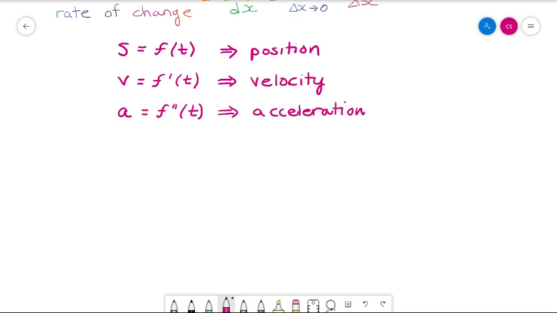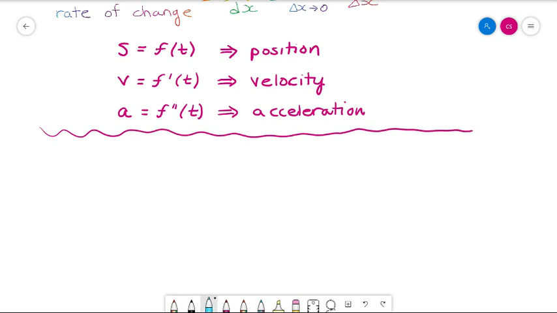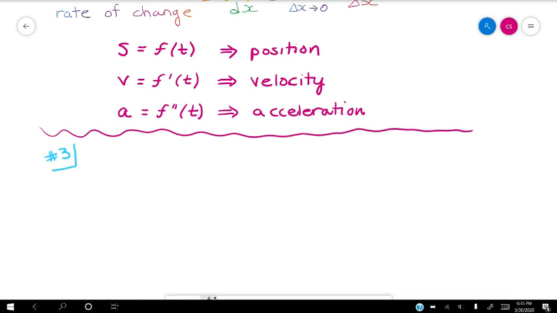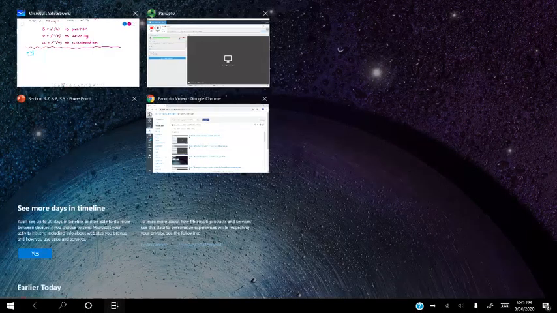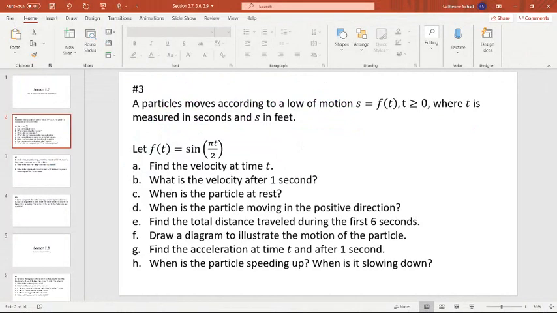So this is how we're going to be using our derivatives. We're first going to turn to number 3 in your homework set. It's a big problem. It's so big I actually made a PowerPoint because it's just a massive amount of information. Let's see what number 3 says. We have that a particle moves according to a law of motion, s equals f of t, where t is greater than or equal to 0, and t is measured in seconds, and the position s is measured in feet.